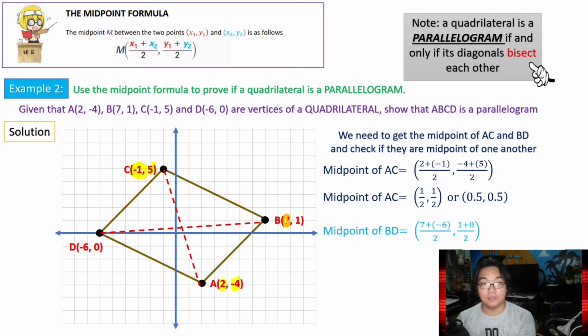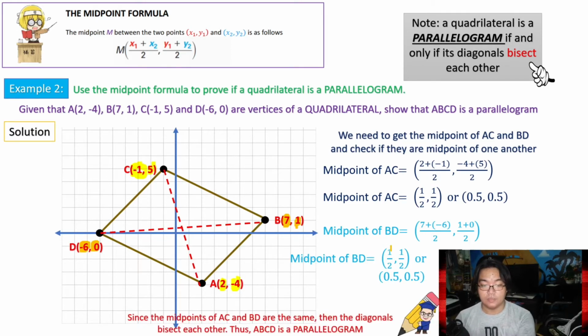For segment BD, we add 7 plus -6, which is 1, and then 1 plus 0, which is also 1. So 1/2, 1/2, or 0.5 as well. Since the midpoints of AC and BD are the same, the diagonals bisect each other. Thus, ABCD is a parallelogram.